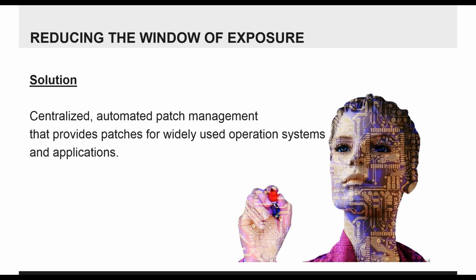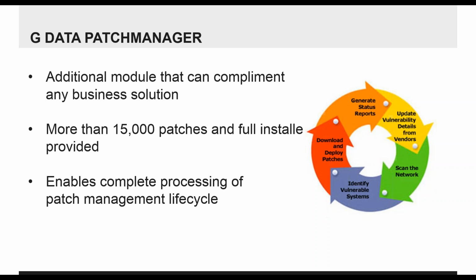A way to solve this is a centralized automatic patch management that provides patches for most systems that can close down those gaps. This is where our software comes in. The G DATA PatchManager is an additional component that can be added to any business solution we have, and this patch manager contains more than 15,000 patches and full installers for all systems.